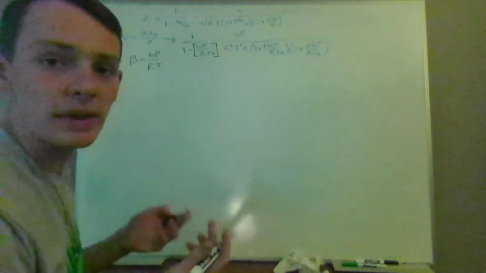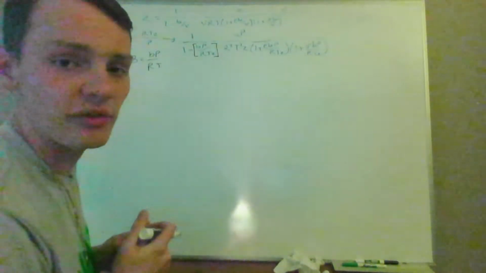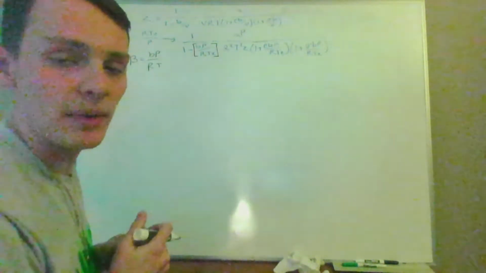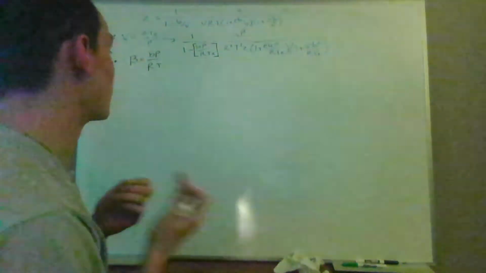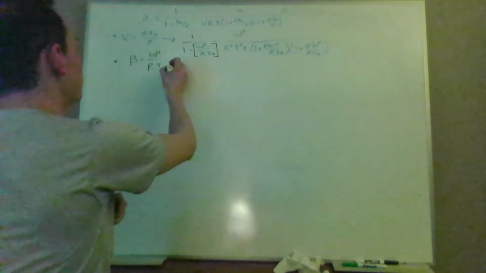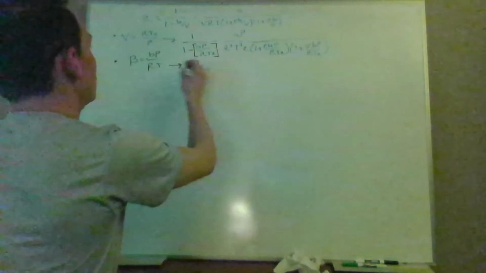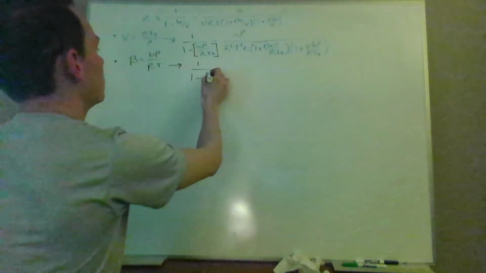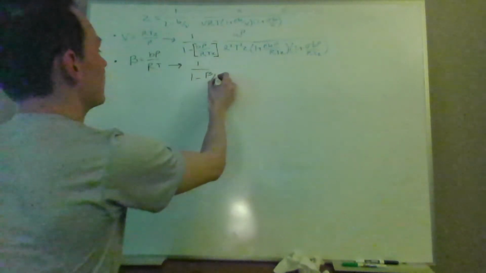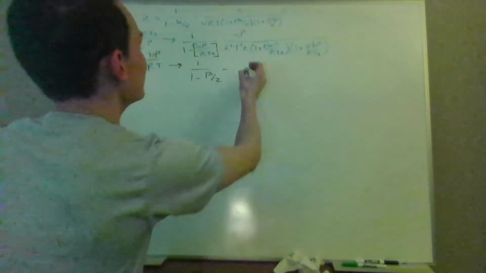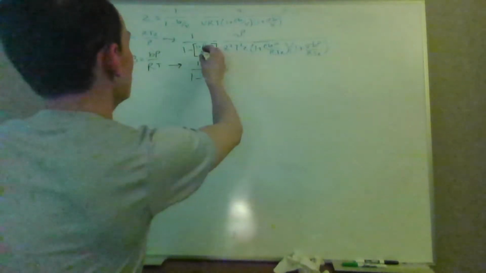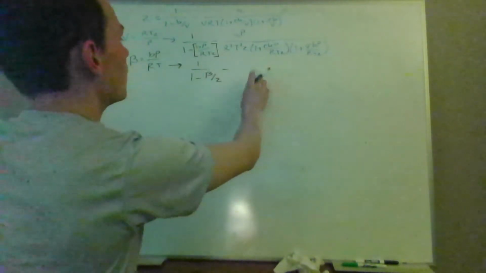And this, I think, will be an effective way that we can simplify this cubic polynomial that we're trying to create here. So let's see what we get from that. This would be 1, and we would have beta over z. Okay? And yeah, BP over RT.